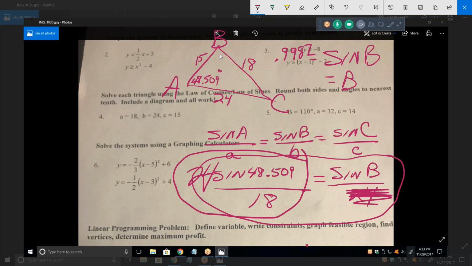Now, we're not looking at a ratio here, we're looking at a decimal, but you know what I mean. Normal trig functions, you have ratios when you're dealing with right angle trig functions. We would have a ratio, but we've represented it as a decimal. So if I'm solving for angle B, I've got to take the inverse sine of that number.